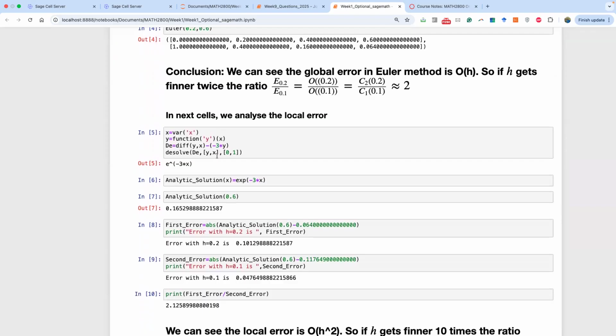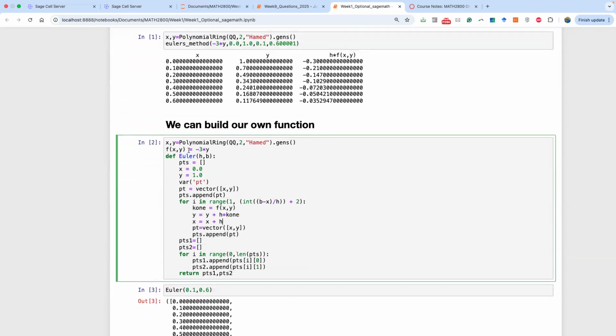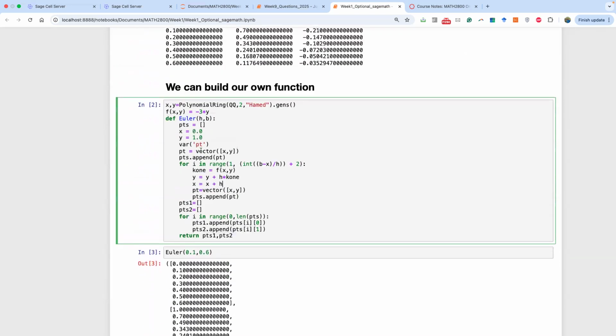And let's analyze the local error. Okay, so the analytic solution for y prime equals minus 3y.